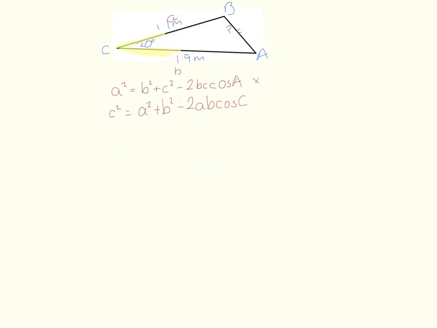So, okay, what I'm going to do now is we're just going to substitute in our values. c squared equals 1.1 squared plus 1.9 squared, and we're taking away, remember to put this in a bracket, 2 times 1.1 times 1.9 times cos of 20 degrees.